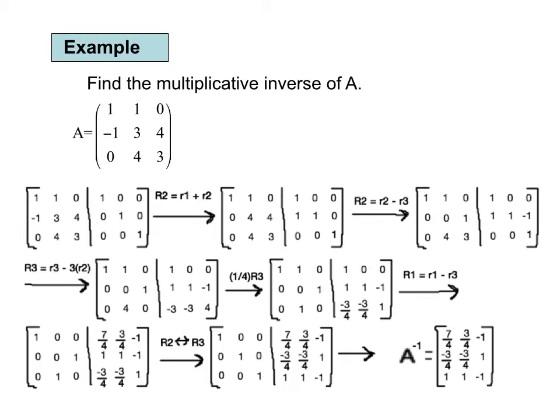If you ever multiply and do not get I3, then generally that means that you performed a row operation somewhere incorrectly. So go back through and check your steps.